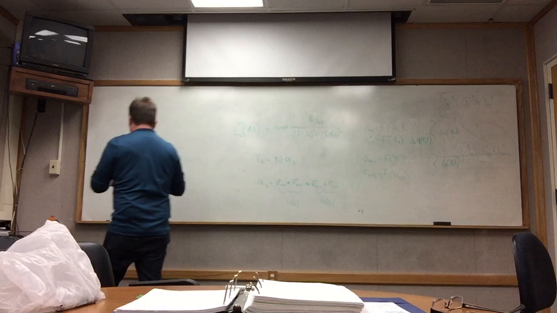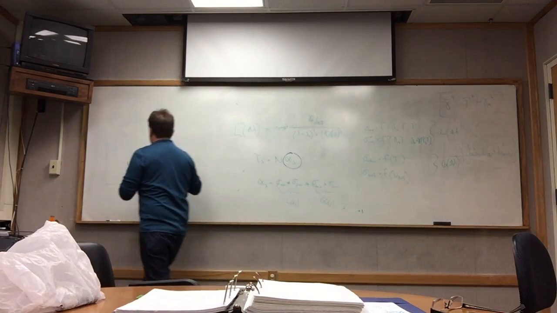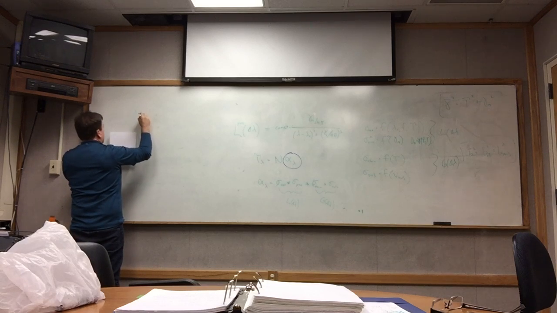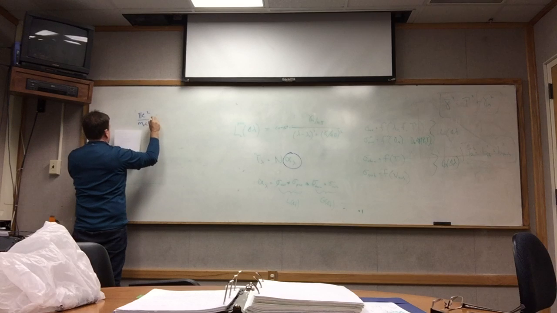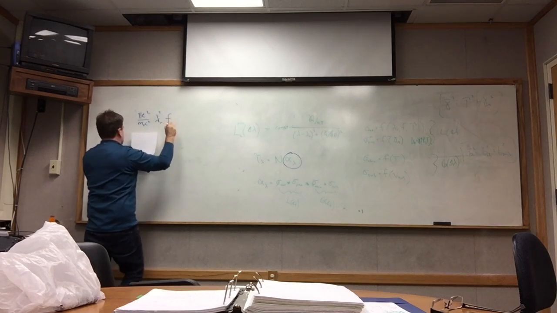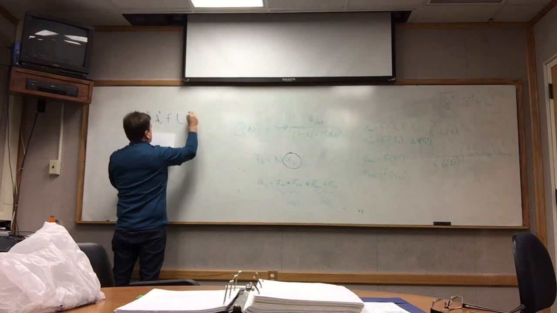So alpha, this right here, is equal to pi e squared over m_e c squared times lambda rest squared times the oscillator strength times the Voigt function.